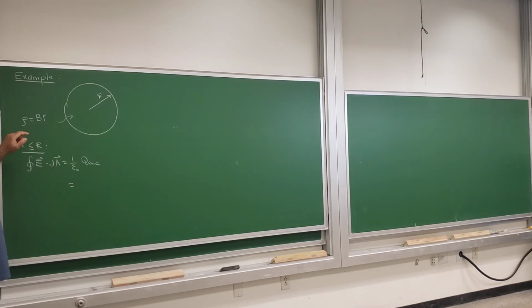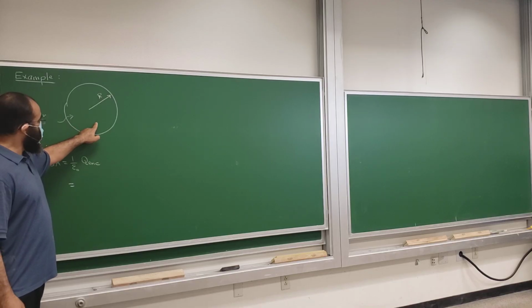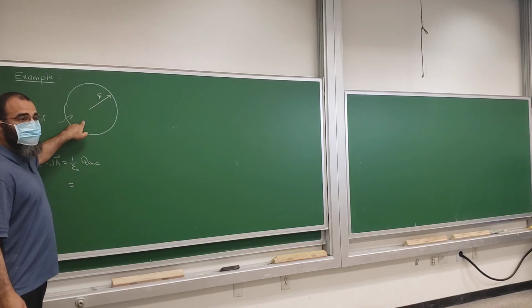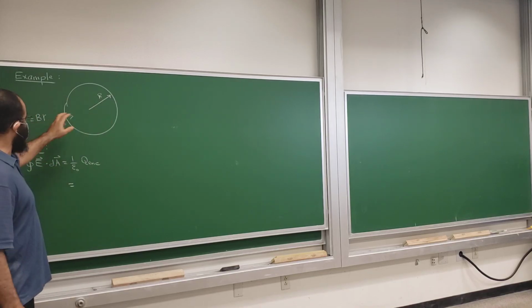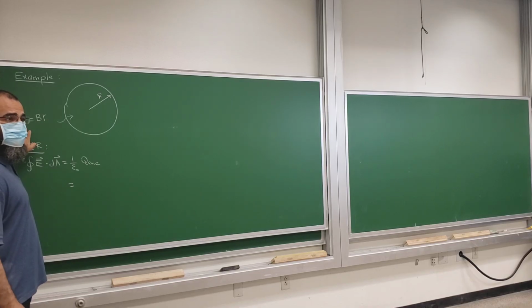Even though the charge distribution is non-uniform, it's still spherically symmetric, meaning the charge density is the same around the whole shell, because as long as you keep R constant, rho remains constant.